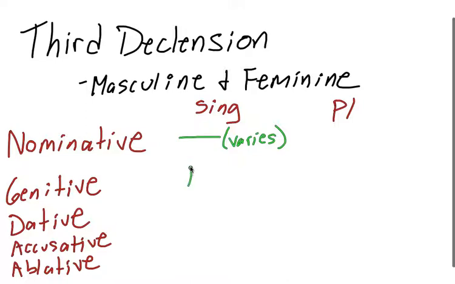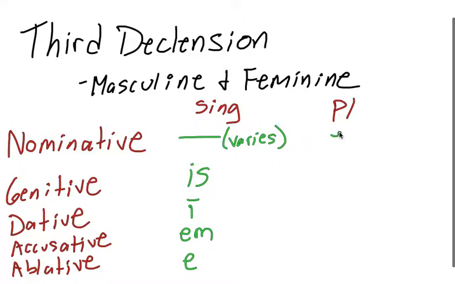The genitive is is, that's a short i. The dative is e, so a long i. The accusative is em, instead of am or um. And the ablative is a short e. So is, i, em, e are the endings in the singular.